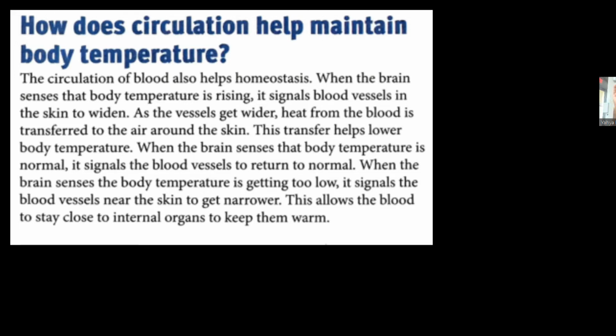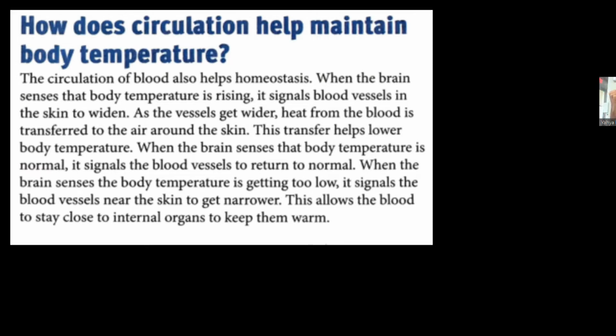It doesn't want the temperature to increase too much, right? You want to maintain kind of a good temperature. So when the temperature goes up too much, the body sends more blood to the skin, right? It sends more blood to the skin when it gets hot. And from the skin, the heat escapes to the surrounding air, and that helps to cool the body back down.